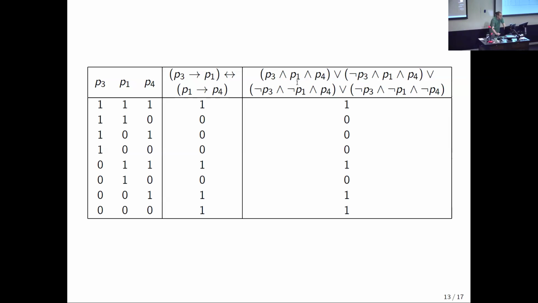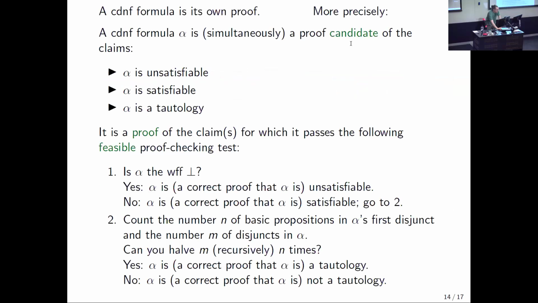And if there are n of them, then there are only 2 to the n ways of assigning truth values to them. So if there are 2 to the n different disjuncts in this formula, then you've covered them all. However you assign the truth values to the basic propositions, these things are going to come out true. So it's a tautology.